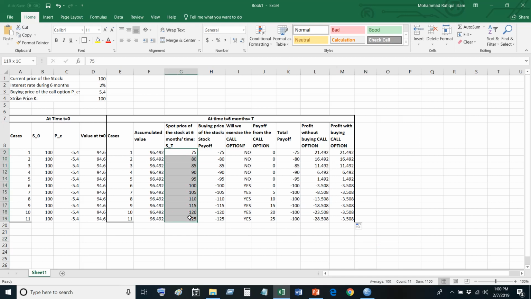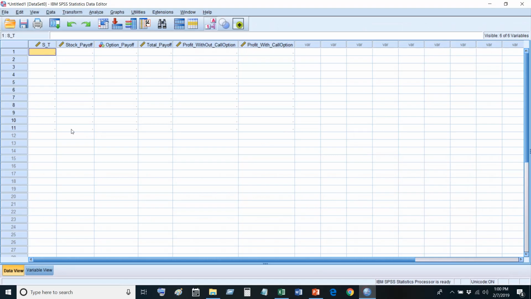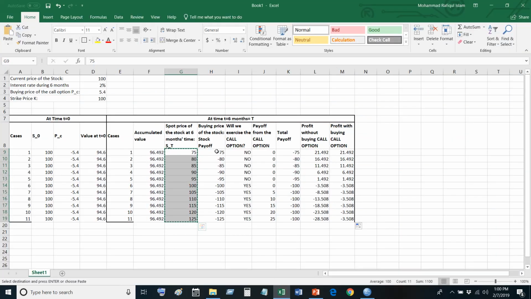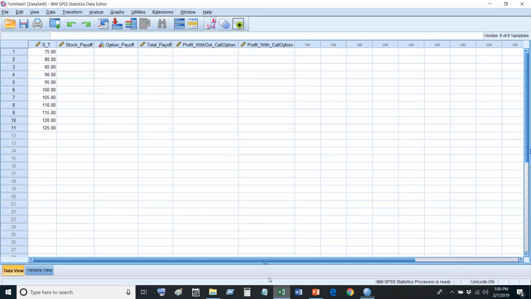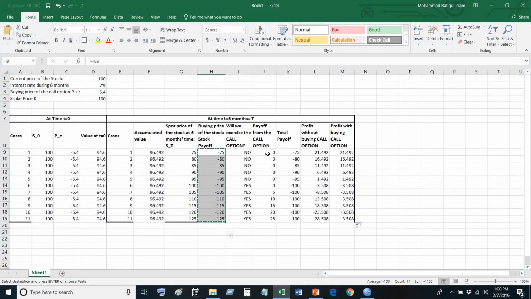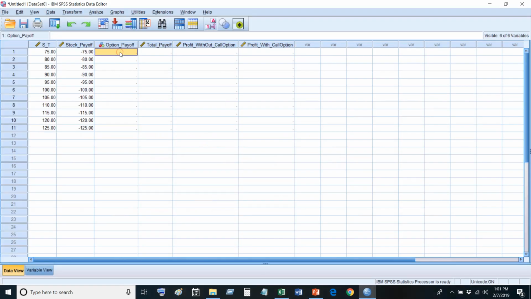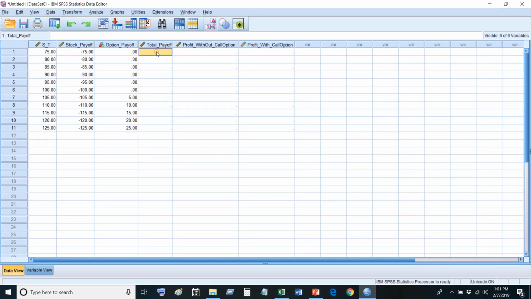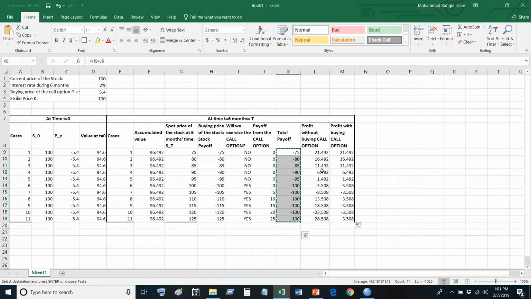So this is the stock price, ST, and then payoff from the stock, option payoff, total payoff, and profit with and without buying the call option.